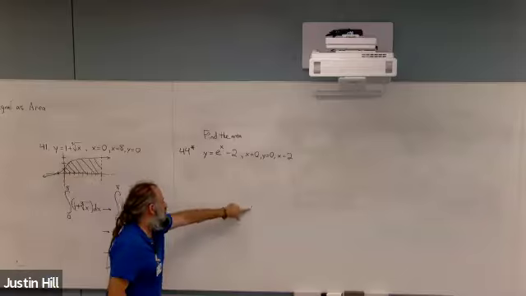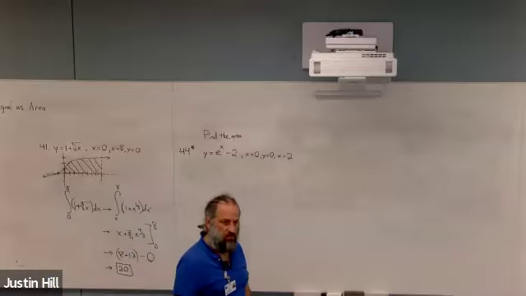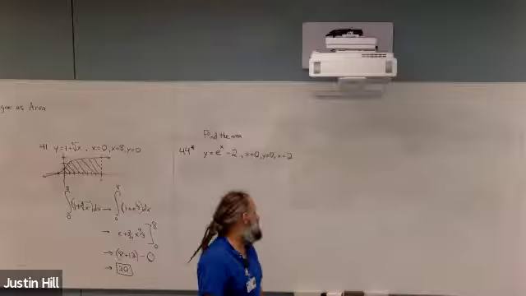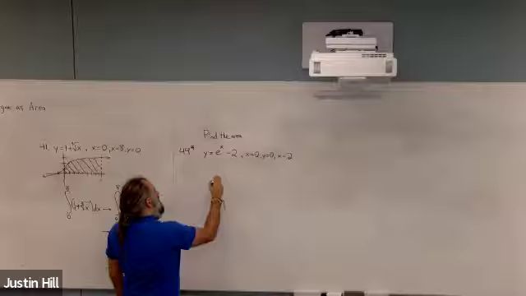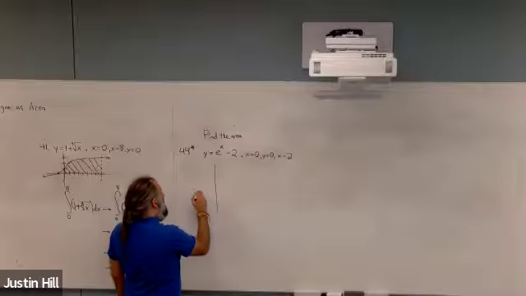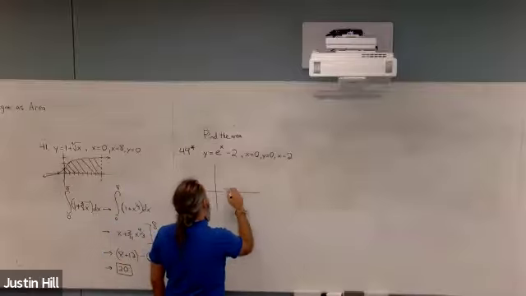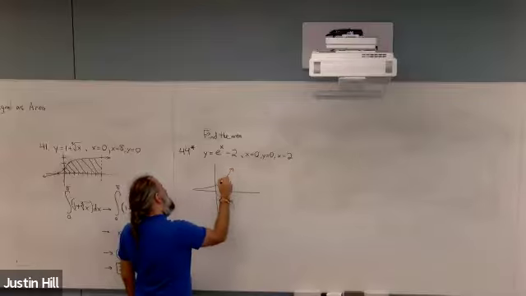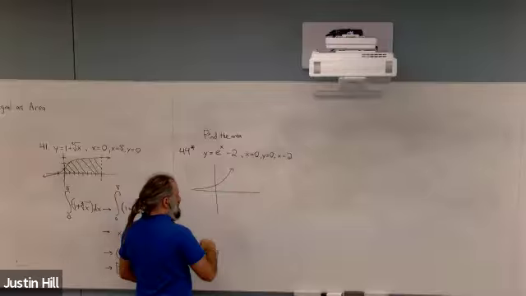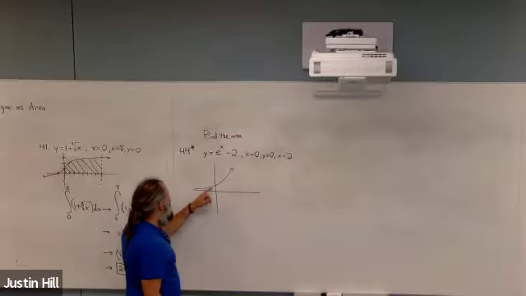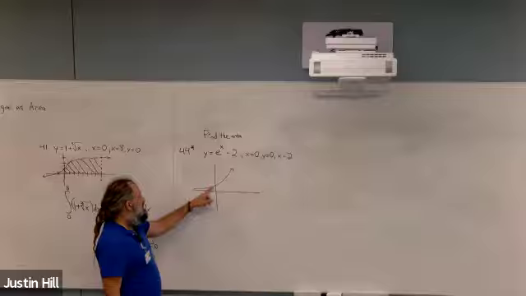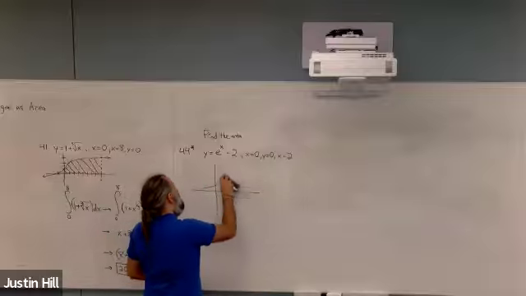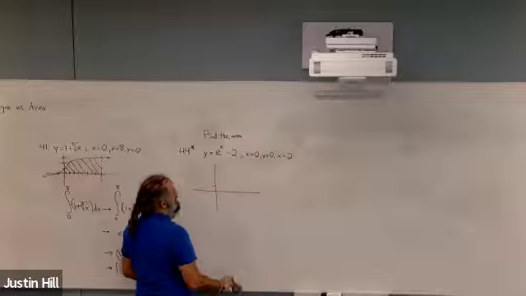Now, the first thing I want to do is sketch this region for you, because without the picture you just wouldn't want to just run this. So, graphing this. e to the x normally looks like this, but minus 2 means I'm going to bring it down by 2. Normally it has no x-intercept and it has a y-intercept of 1.